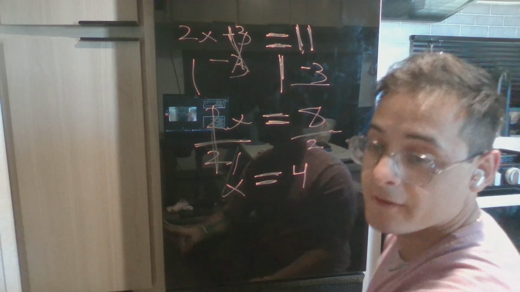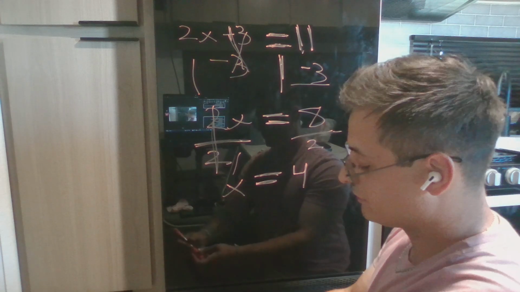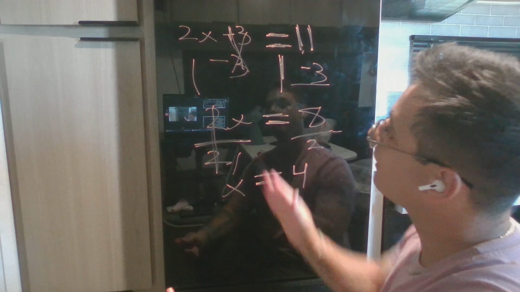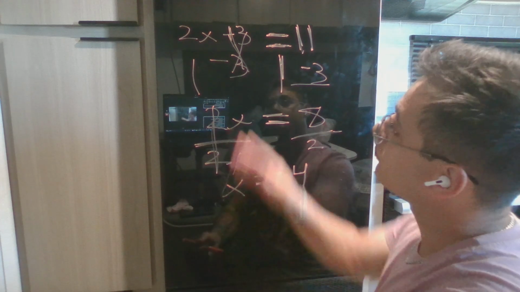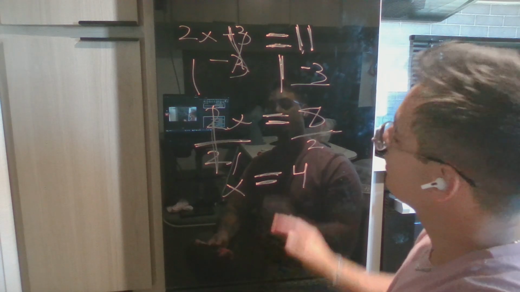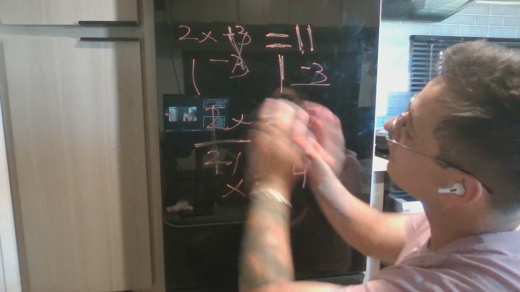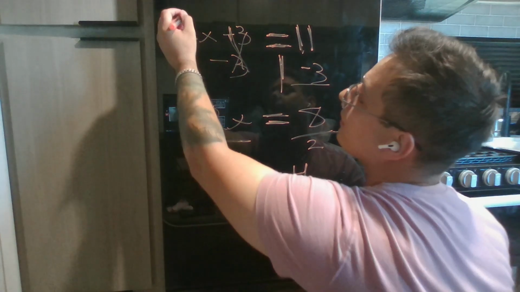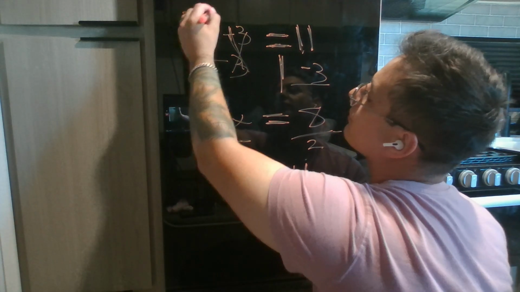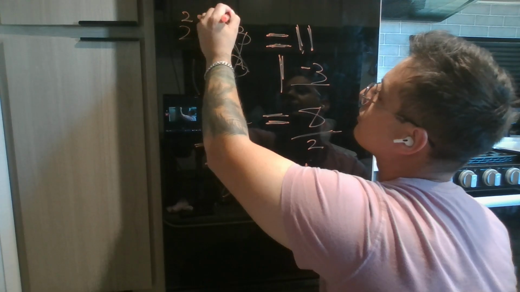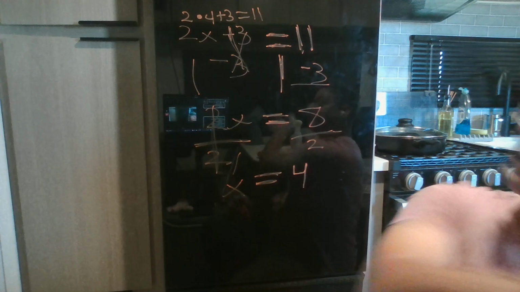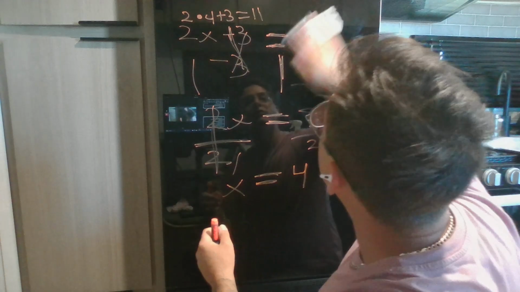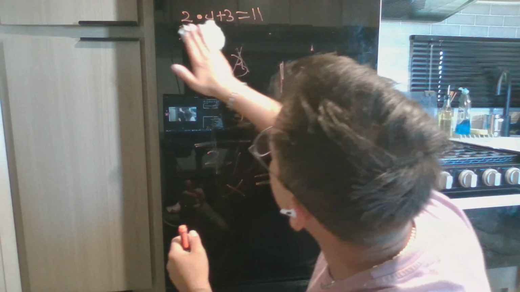x equals 4. How do we verify that? Well, we just plug 4 back into our original equation, which was 2x plus 3 equals 11. So we take that 4, put it in the x spot, and we get 2 times 4 plus 3 equals 11.